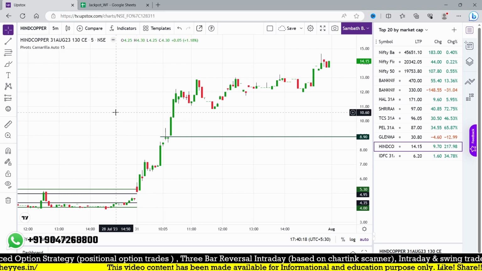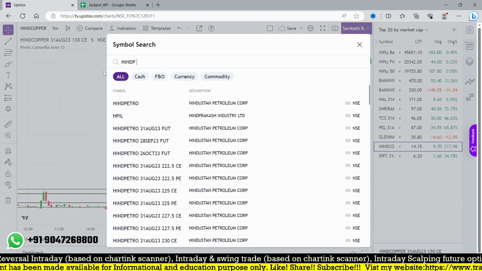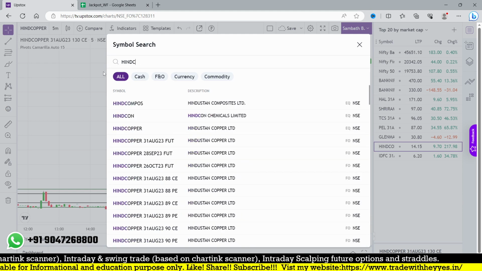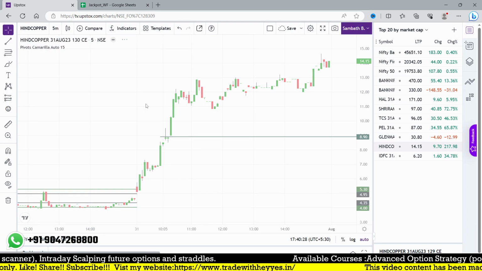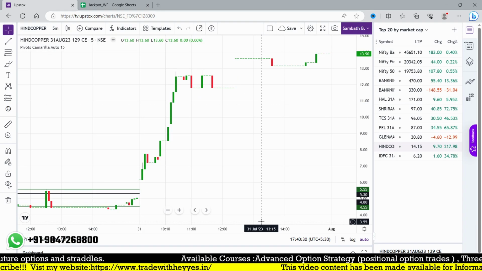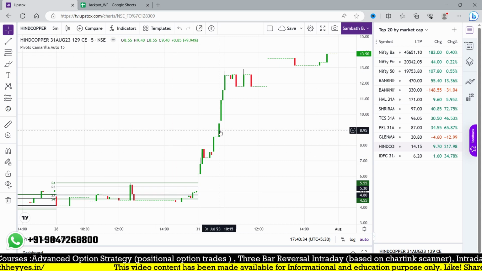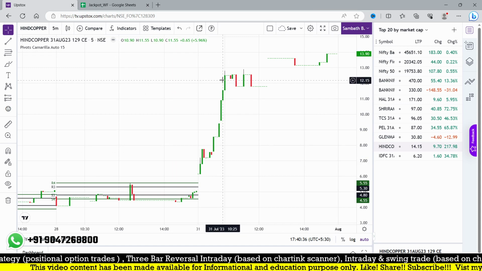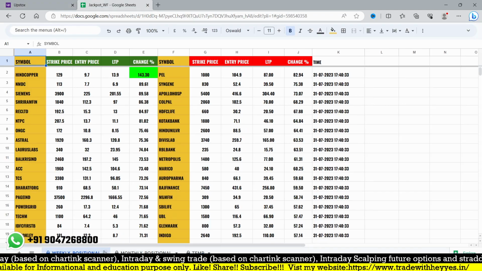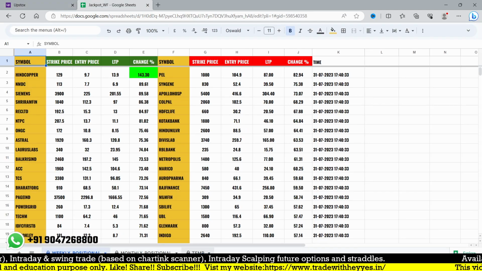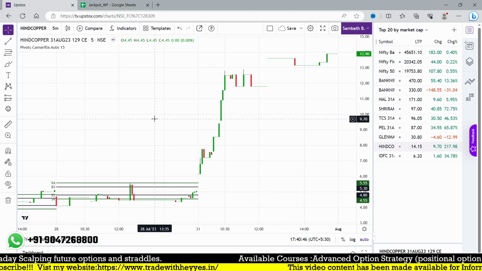Okay, so 129 in copper, because all metal stocks are performing well today. The entry point on 129 on the weekly time frame is 9.7.